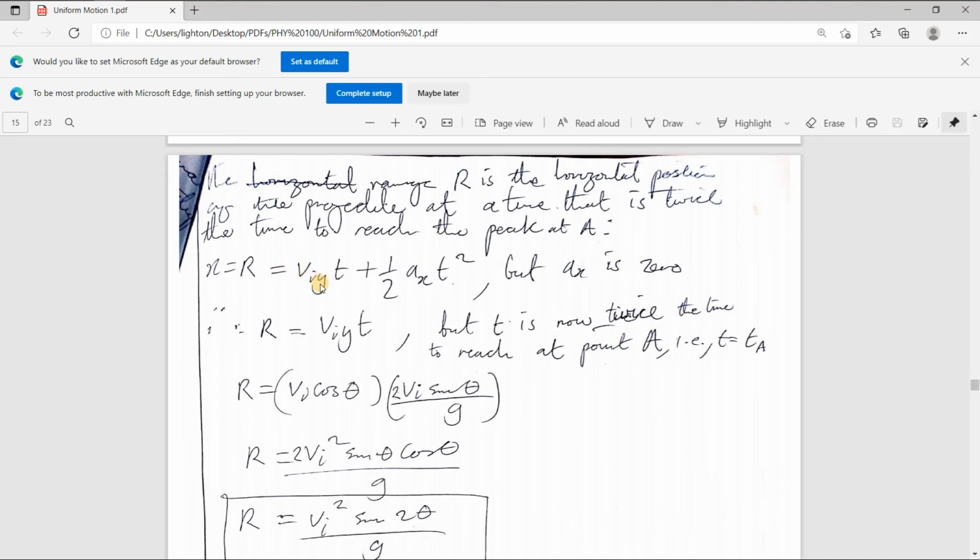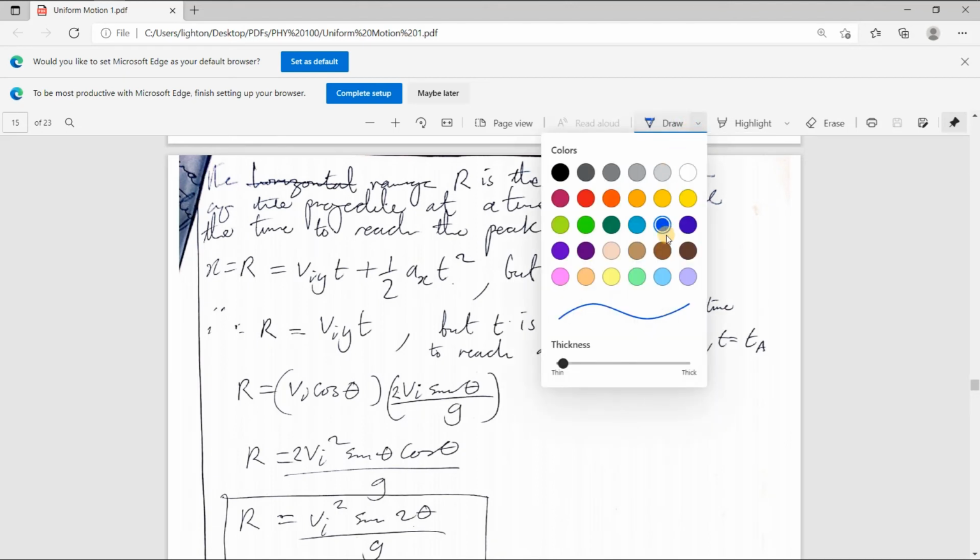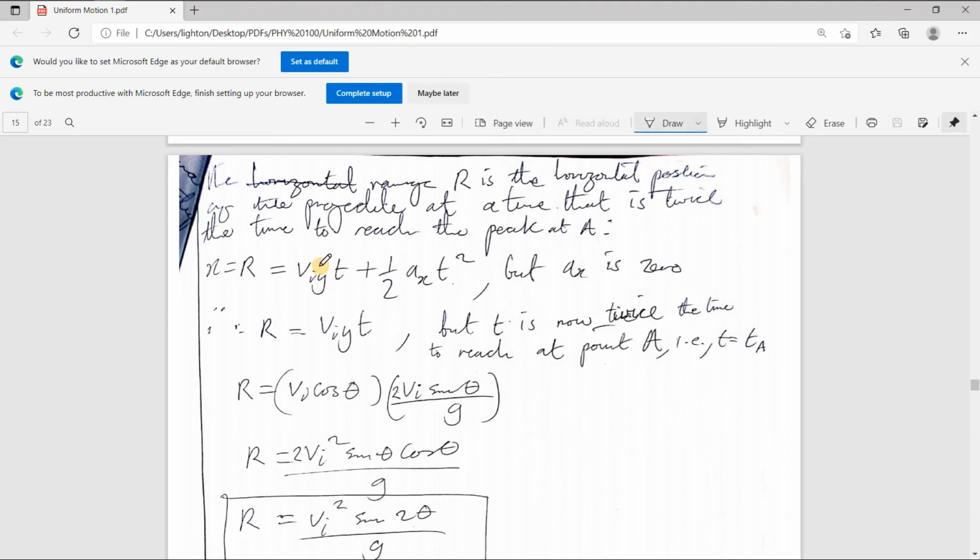It shouldn't be this. This is wrong. Let me just remove this. So this should be V subscript I.